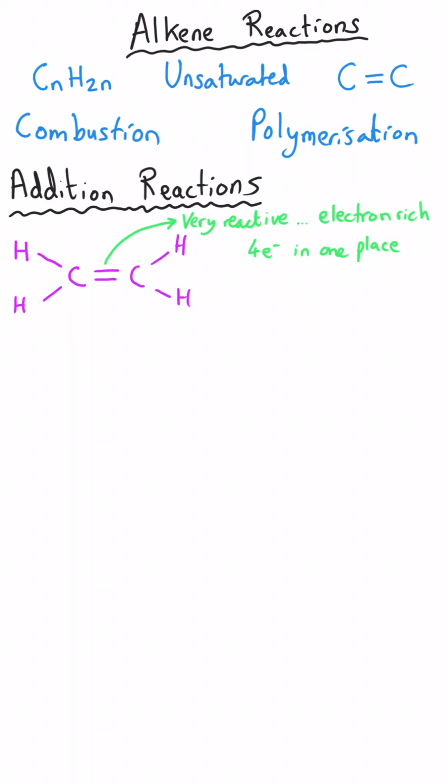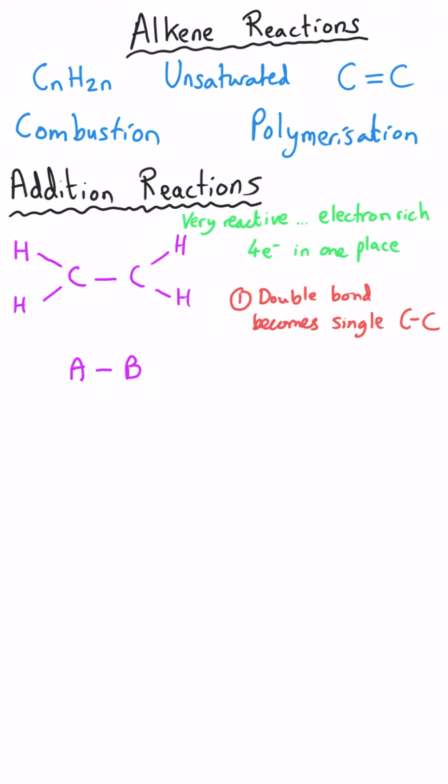If we take a look at a typical alkene, I'll draw ethene just because it's smaller. If we add something to that structure, what happens in the addition reactions is the double bond between the 2 carbon atoms partially breaks, meaning that temporarily the carbon atoms have only got 3 bonds each, and then they form a new bond, a 4th bond, to something extra that wasn't originally part of the structure, which I'm just calling AB here, where A and B are random atoms and their identity doesn't matter.